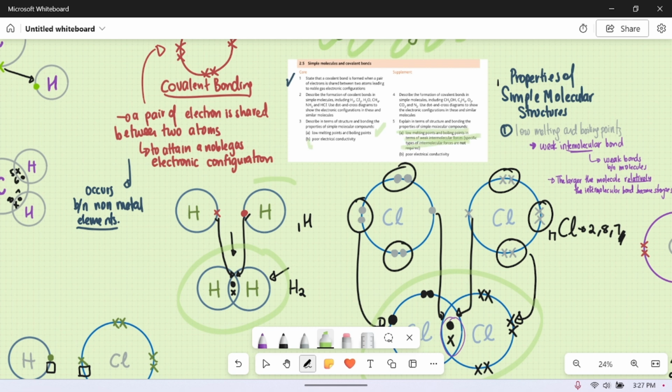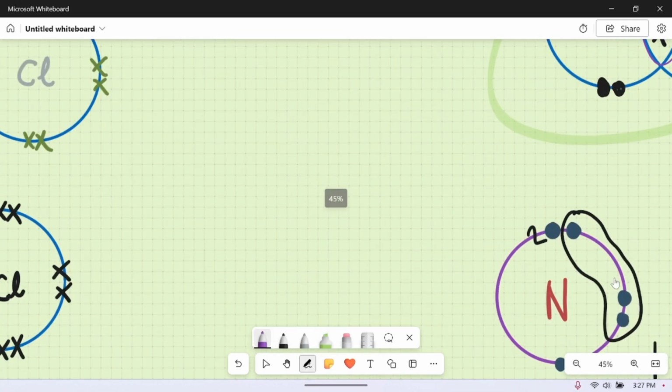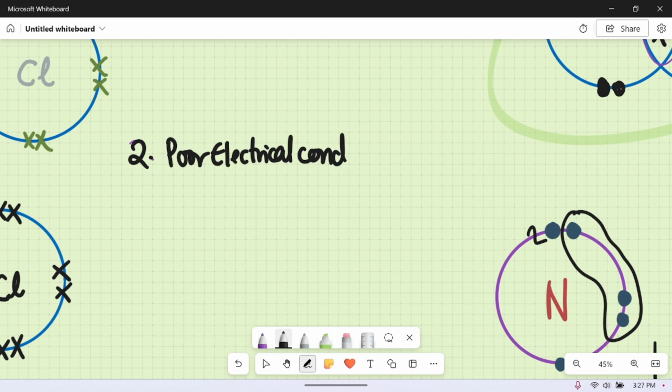Now let's talk about poor electrical conductivity. Have you ever used nonmetals like wood, plastic? Do they conduct electricity? They don't, because they are poor conductors.